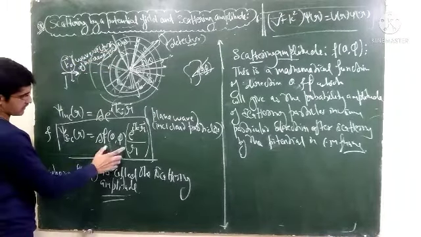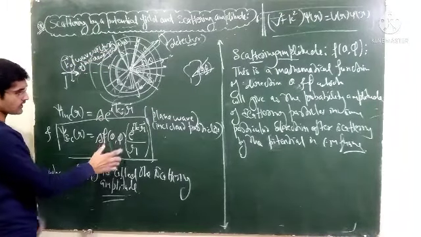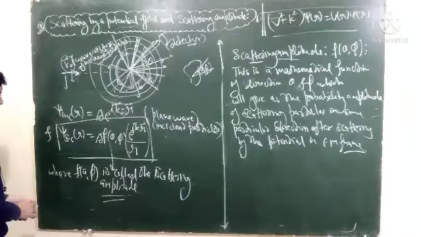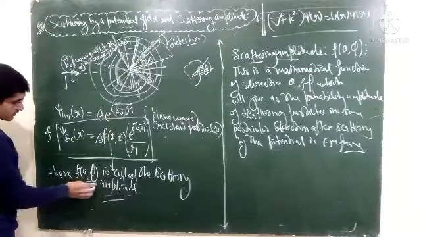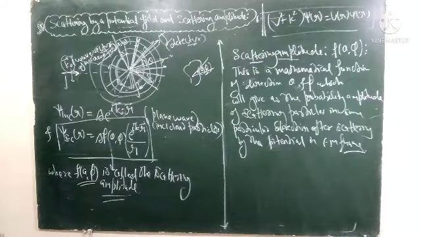This function of theta and phi means a function of the direction of the particle or of the detector detecting the scattered particle, and this mathematical function is called the scattering amplitude.